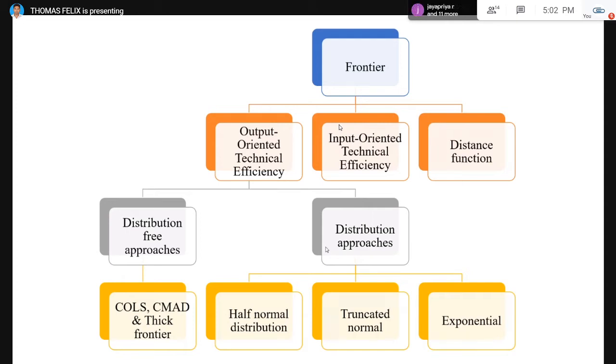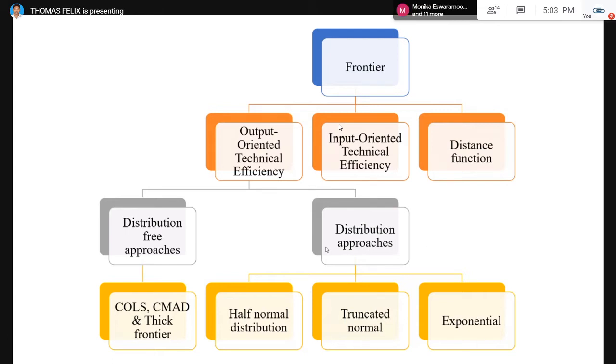On the other hand, under the distributional approach there are so many approaches. In the case of the half normal distribution approach, we have an assumption that the error is distributed half normally. Truncated normal means the error follows the truncated normal distribution. For example, if in your data, for some of the observations, the inefficiency is 0, then you have to use the truncated normal distribution.